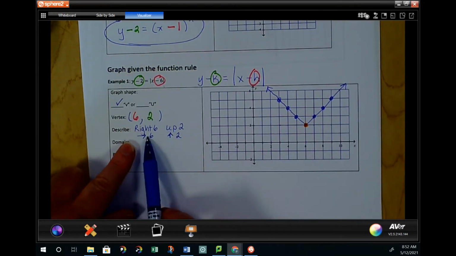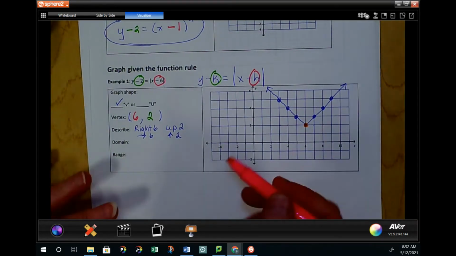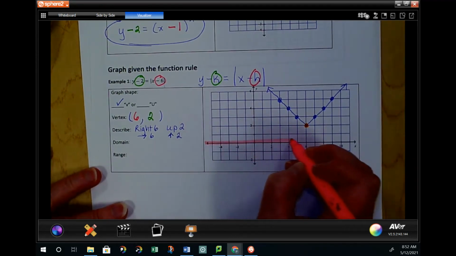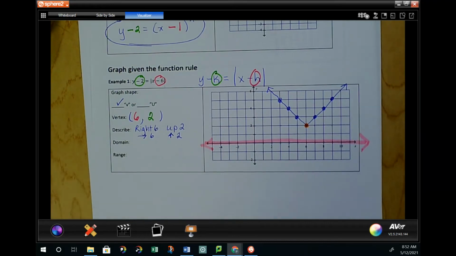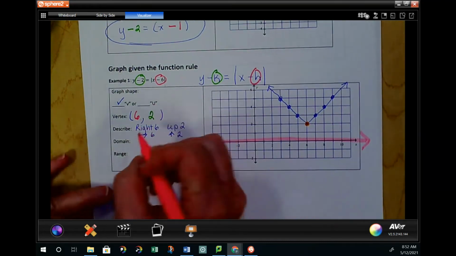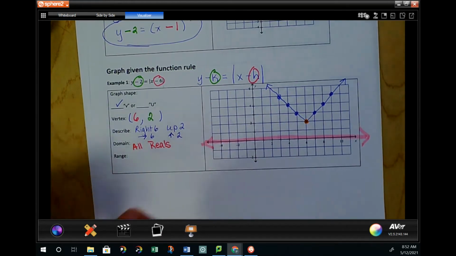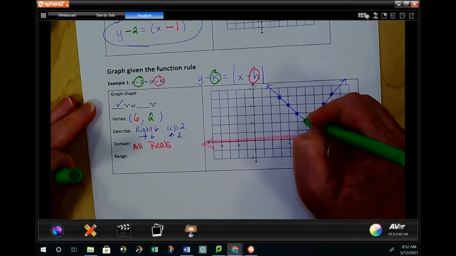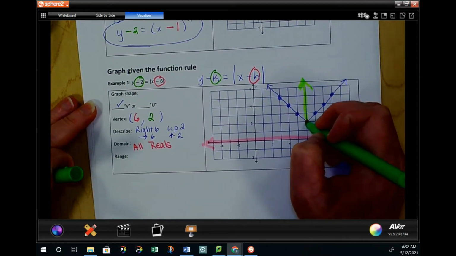I found the vertex, I've described it. Now let's figure out the domain. The domain keeps on going. There's no restrictions on x, so I can say that it's all reals. And then the range, I go to my point and it's the lowest that it will go.